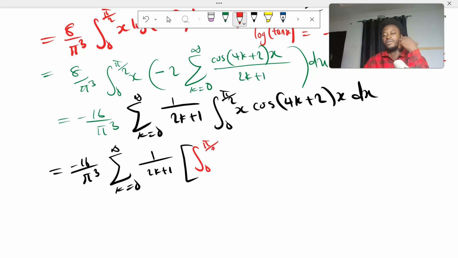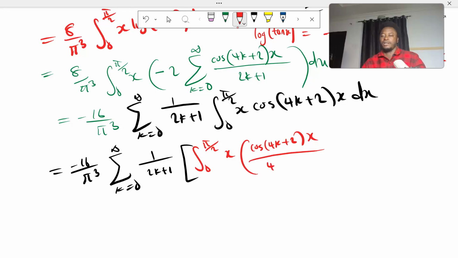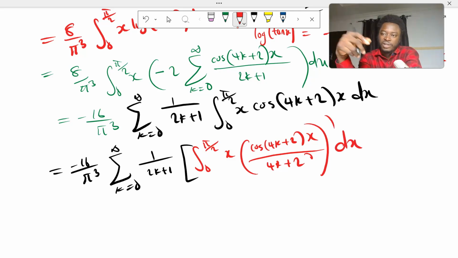Integral from 0 to pi over 2. Now you have an x multiplied by cosine of (4k plus 2)x all divided by 4k plus 2, prime. Notice that if you take the derivative of this cosine of (4k plus 2)x divided by 4k plus 2, you will have, no, not even cosine, sorry, sine.